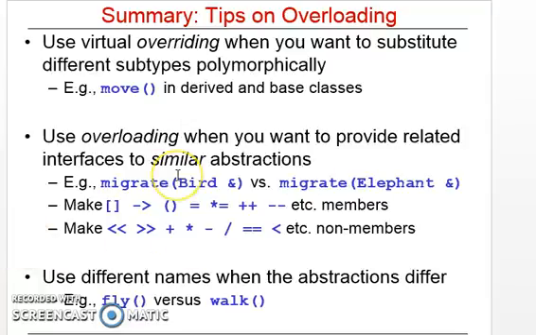The summary of what we have discussed. Generally, use virtual overriding when you want to substitute different subtypes polymorphically. So this is a kind of polymorphism we are looking at here. Both the derived and base classes you can have. This is the overriding concept. Overloading and overriding are a bit different.